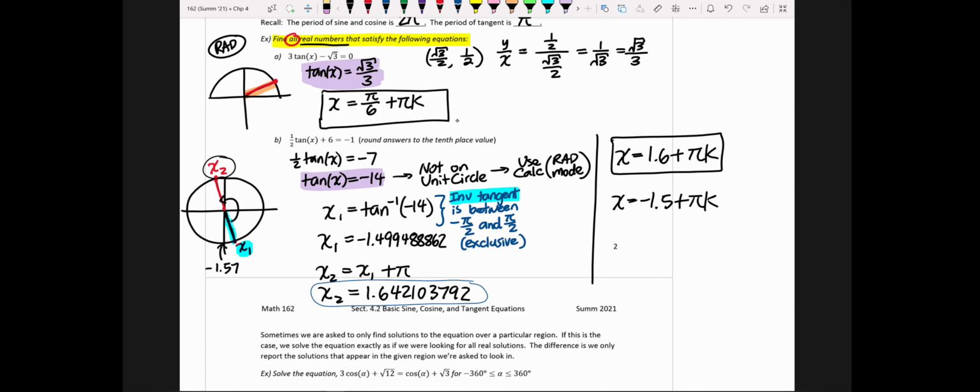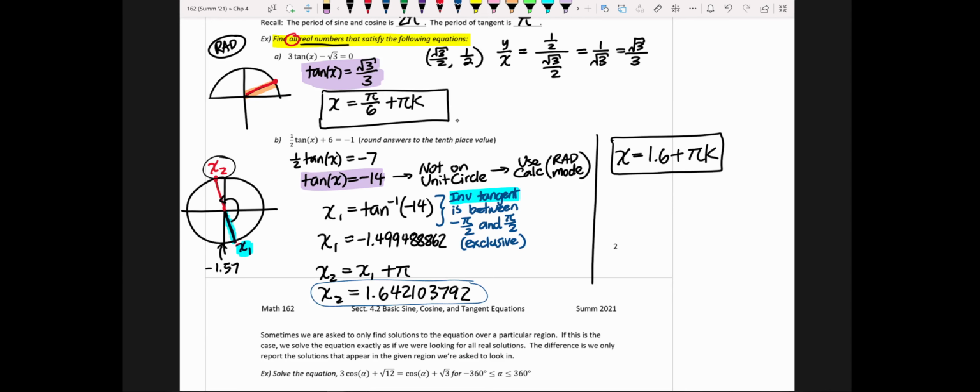When working with sine and cosine, your first answers are between 0 and 2 pi, so the first cycle of the function. And then you add period times k to each solution. K can be positive or negative. So when you add period times k, it generates all solutions in both directions. Okay, so that's why we don't want the second line here.